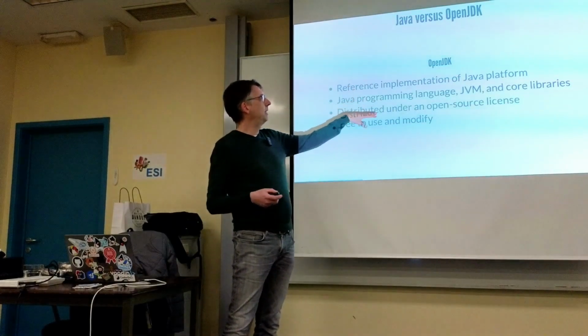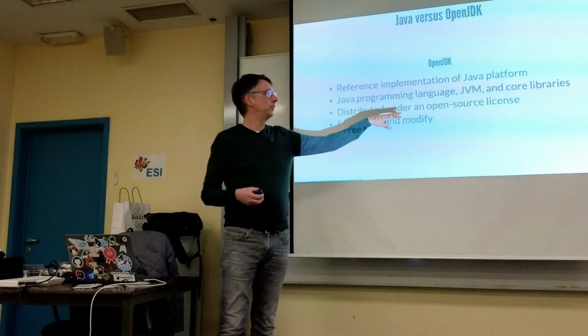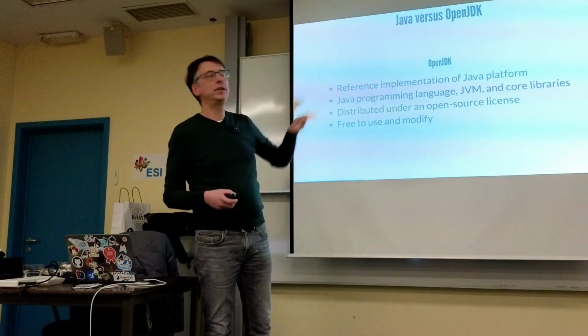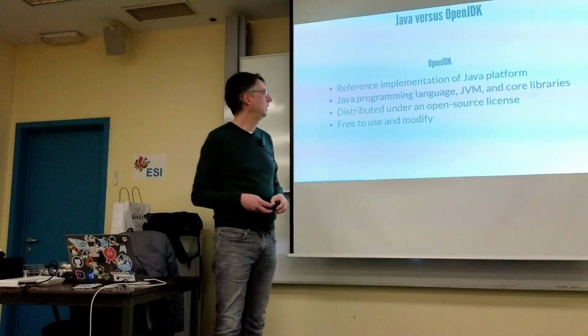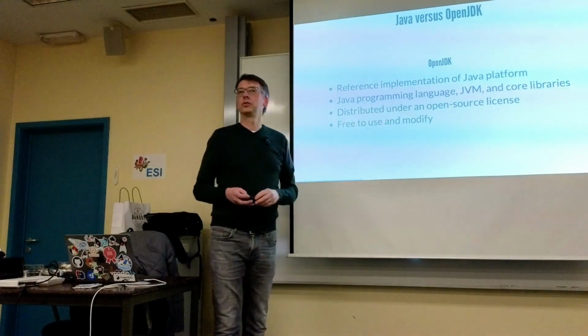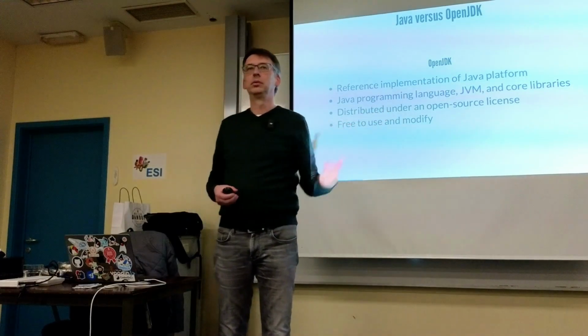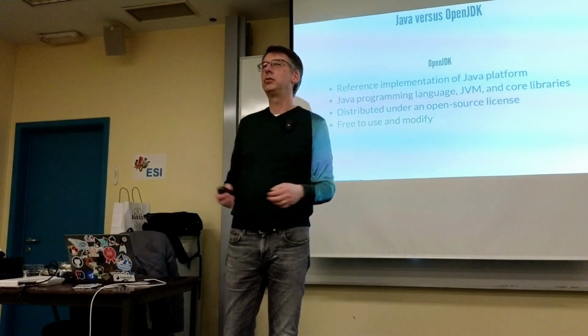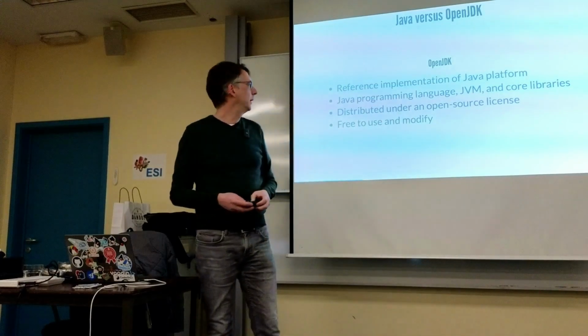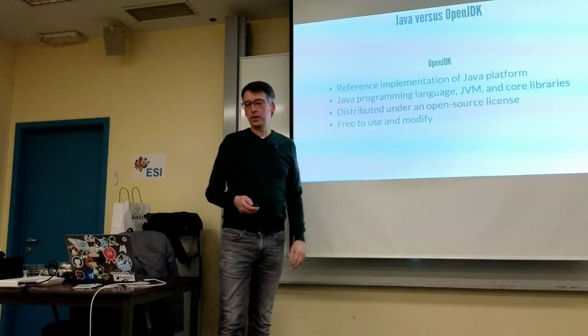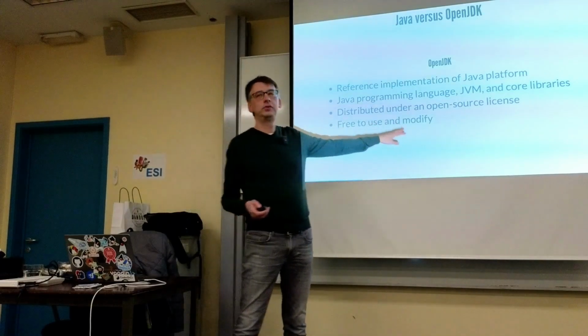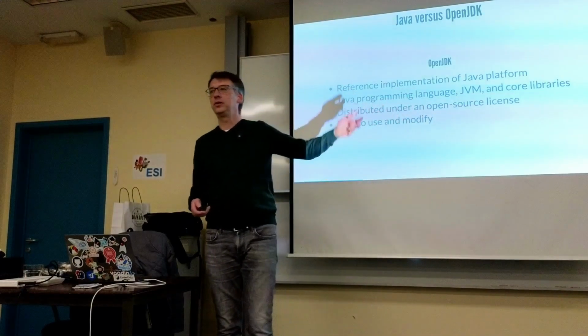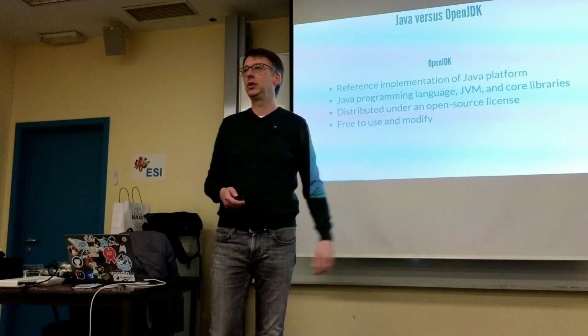So it implements the Java programming language, the virtual machine, the core libraries, everything can be found in OpenJDK. And this is open source. So this is something you can grab from GitHub and do whatever you want with it. Use and modify it. But again, if you want to distribute it as being a Java runtime, you have to be TCK compliant. Okay?